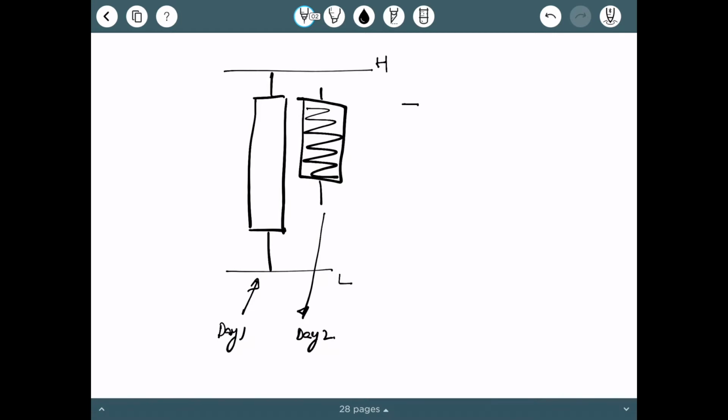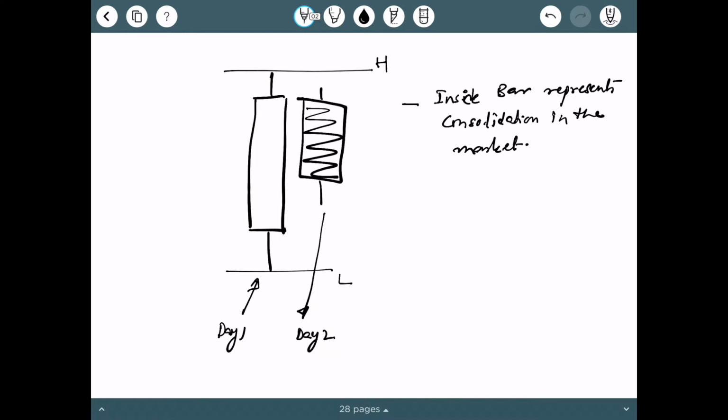So the inside bar represents consolidation in the market.